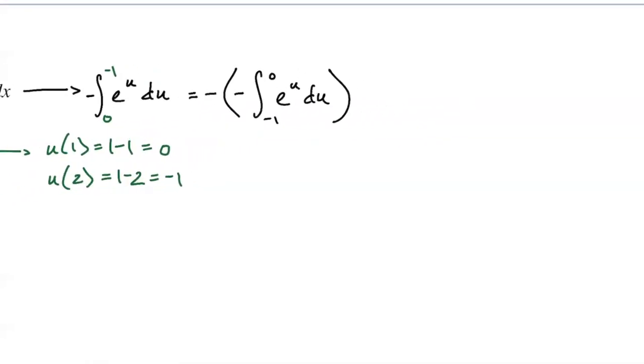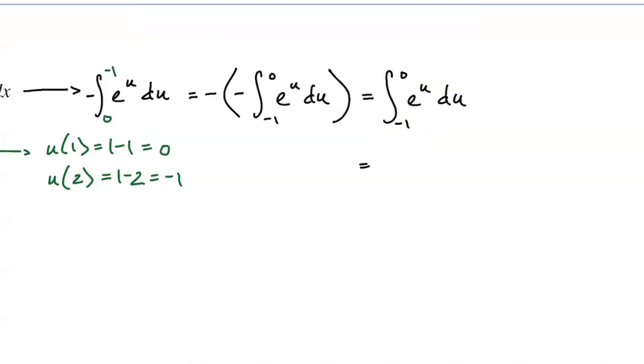The nice thing about using this property is the minus minus becomes a plus, and we have negative 1 to 0 of e to the u du. Right, so it's a little bit nicer to work with because I don't have a negative, and traditionally we like that bottom bound to be a smaller number and the top bound to be a larger number. Okay.